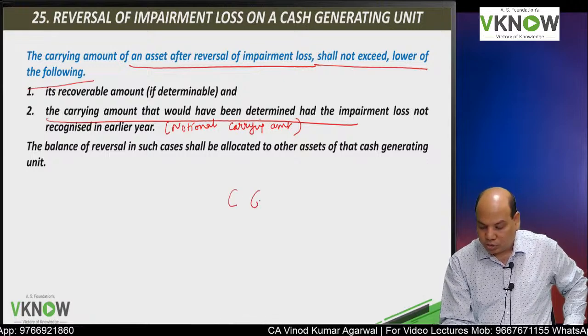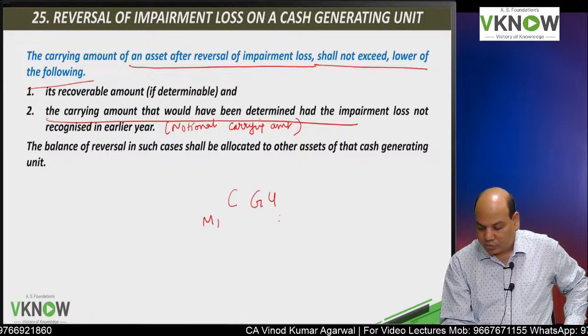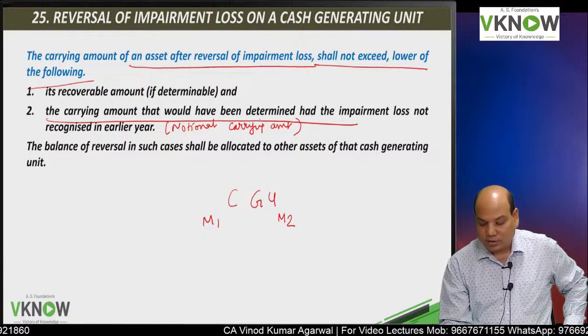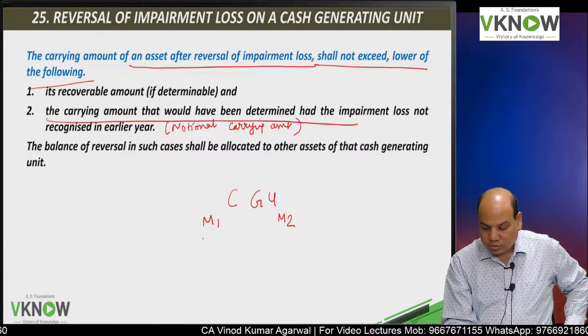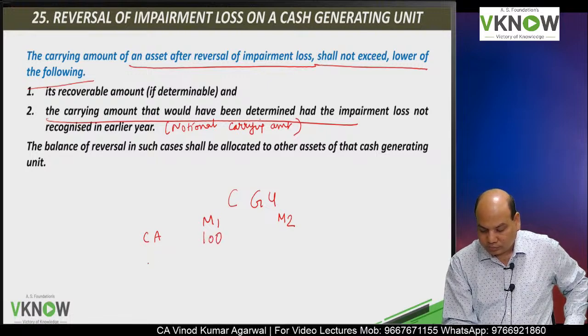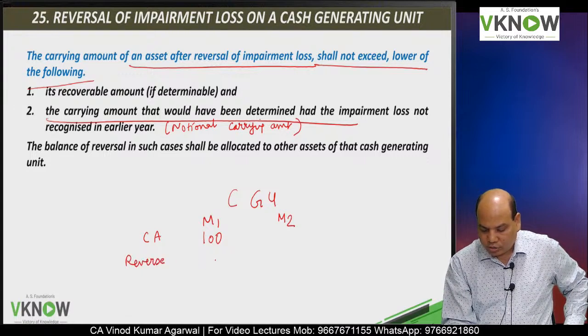In case of CGU, suppose you have two or three assets. The carrying amount is 100, and I want to reverse 20.